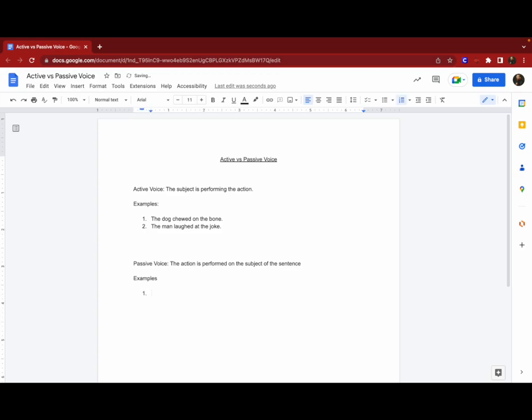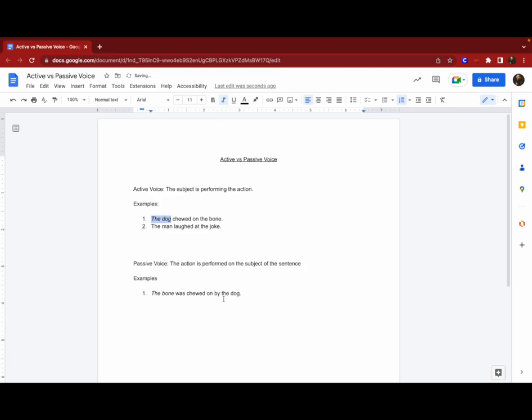If I were to rewrite the dog chewed on the bone, I would say the bone was chewed on by the dog. Essentially the content here is virtually the same, and there's the same meaning, but instead the emphasis is on the bone. In this sentence, the bone is the subject of the sentence, and in this case, the dog is the subject of the sentence.